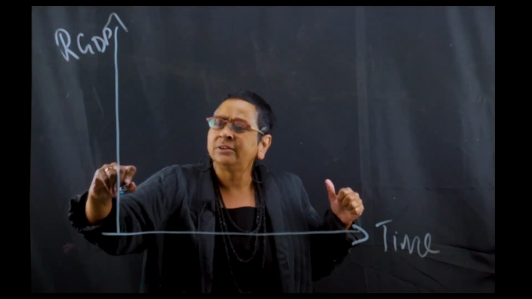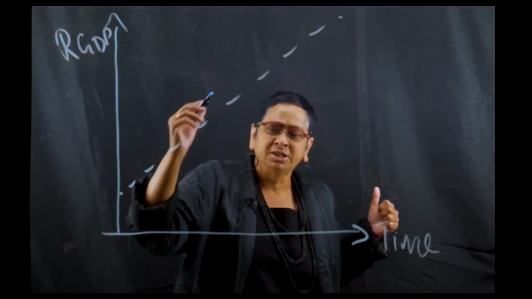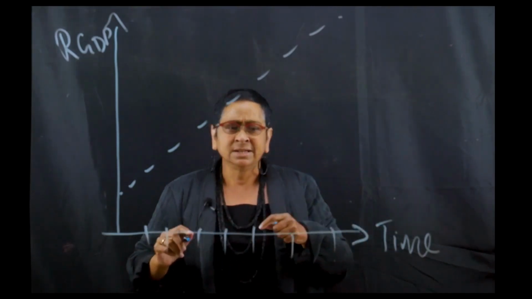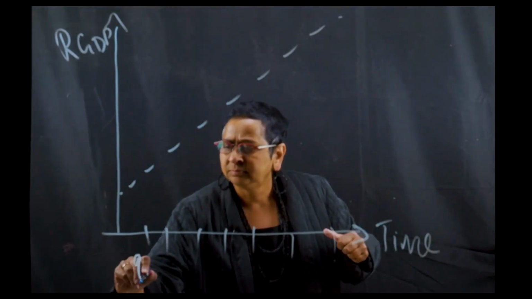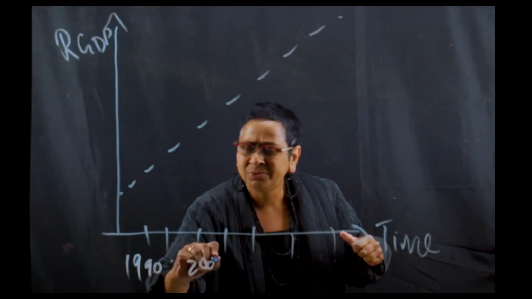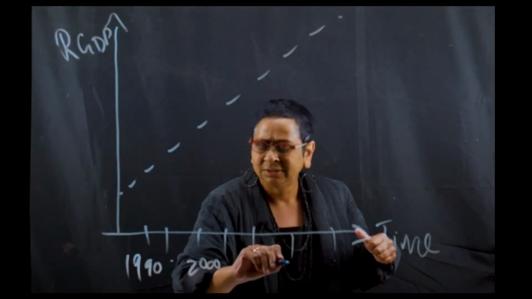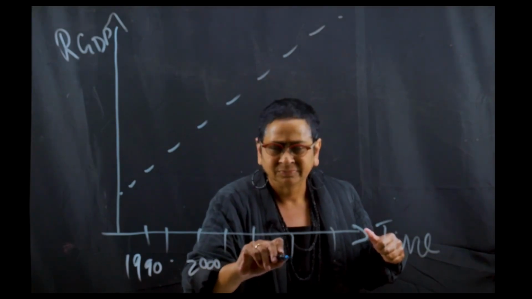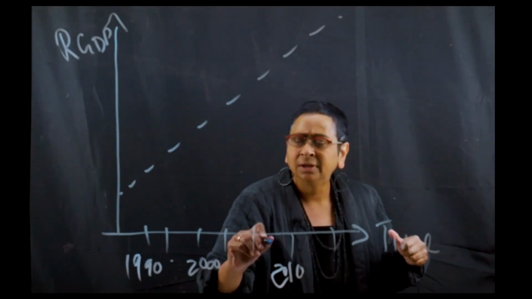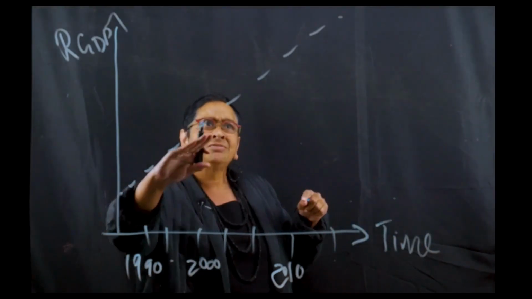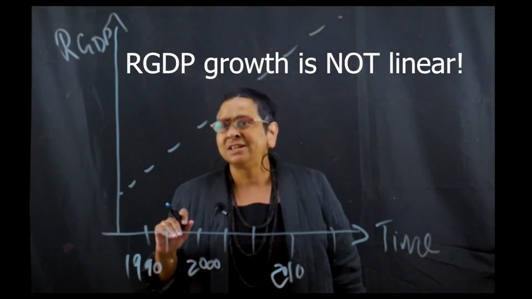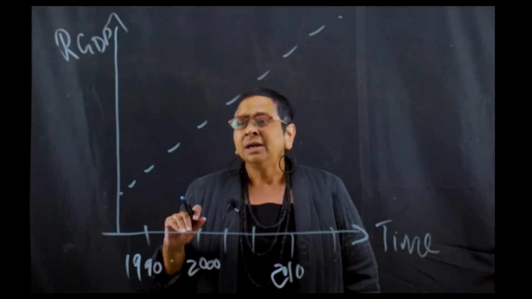is that if this is my axis over time, long term, like if I look at, say, a decade, two decades, 1990, 2000, 2010, and so on, it doesn't just have growth taking place as a sort of upward increase in your real GDP over time.